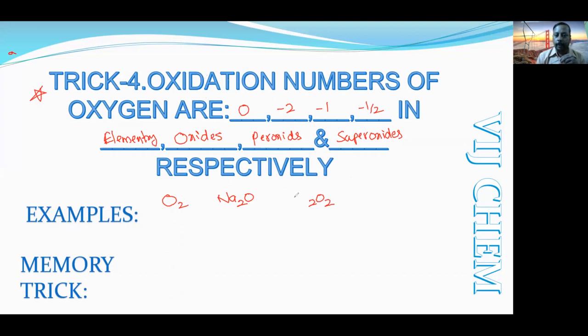And for superoxide, potassium superoxide. So the oxidation number of oxygen here is 0, here -2, here -1, and here -1/2. Is it understood?